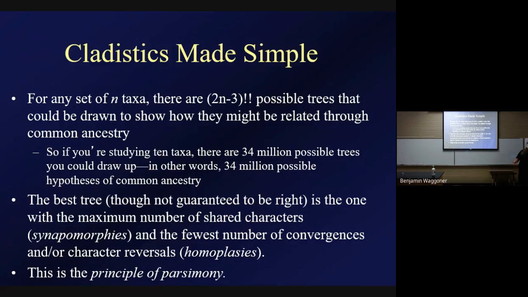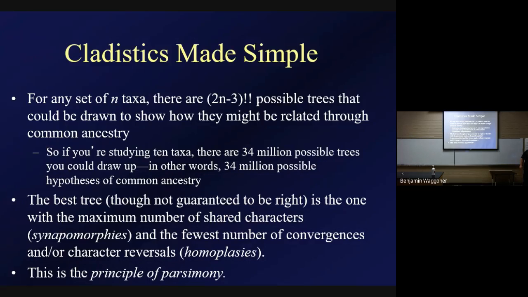And that's something on the order of 20 million. If we want to do even more species than that, we rapidly exhaust the capacity of computers to study them all. Okay, 34 million, not 20 million. I should be reading my own slides. How do we pick the one that's best? How do you find the needle in that enormous haystack?